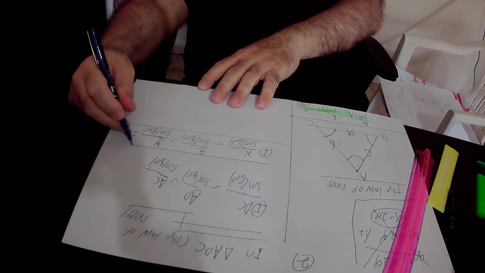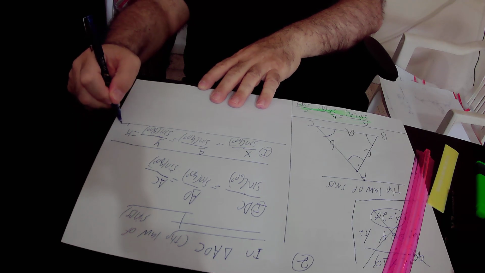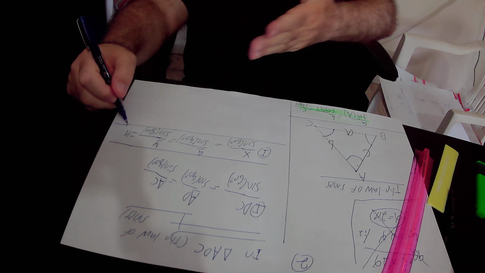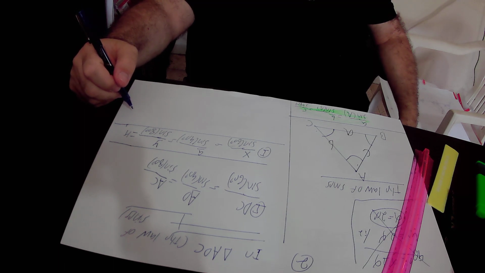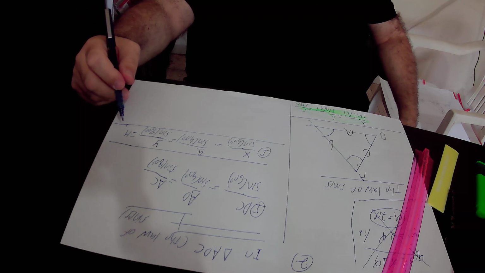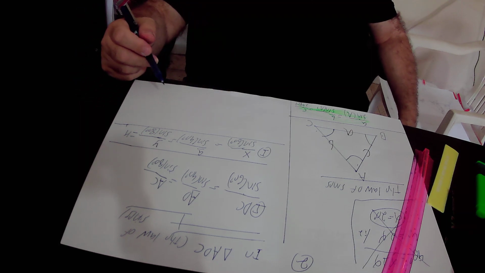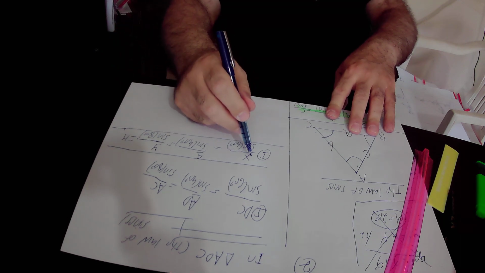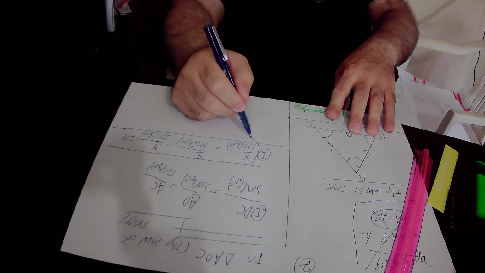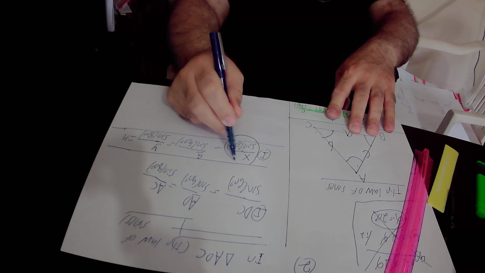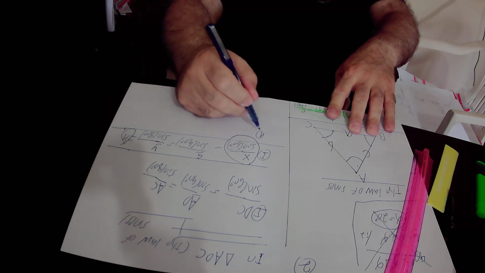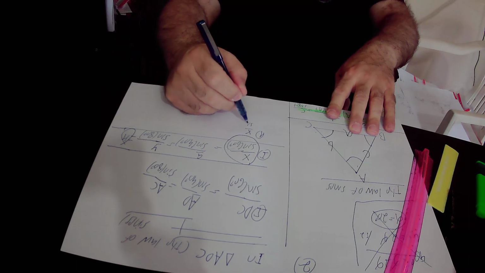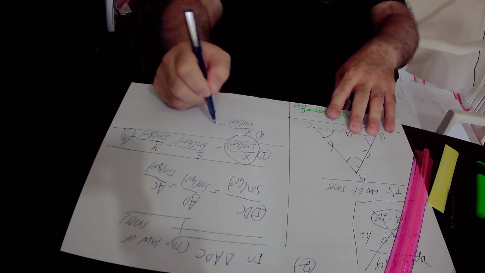Because all the expressions here are equal to k, we will derive the first equation from this long equation: x over sine 60 degrees equals k.